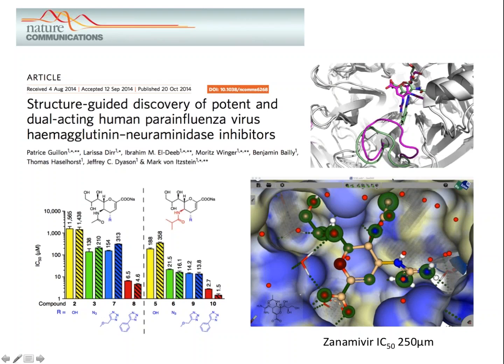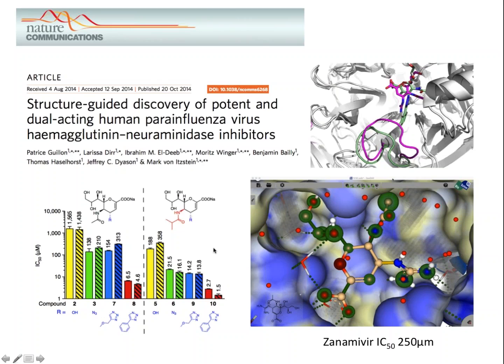It was realized that this loop here is flexible, and so the design was targeted towards an opening cavity that you can see a little bit here in the crystal structure, and by extension with some triazole-linked phenyl and some ether compound here, they could significantly improve the affinity from the normal, basic and natural kind of inhibitor, the 5-acetyl, down to almost 1 micromolar.